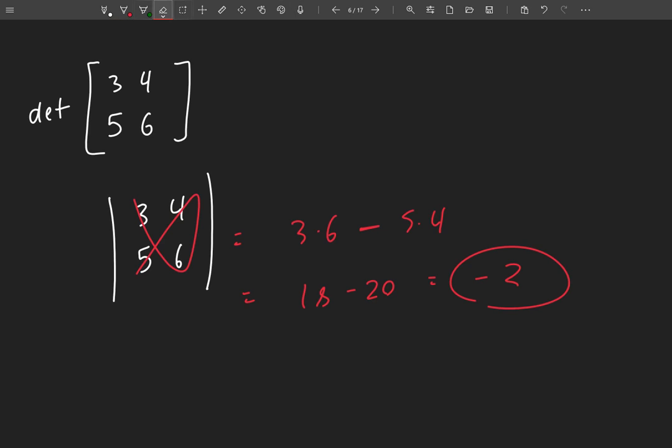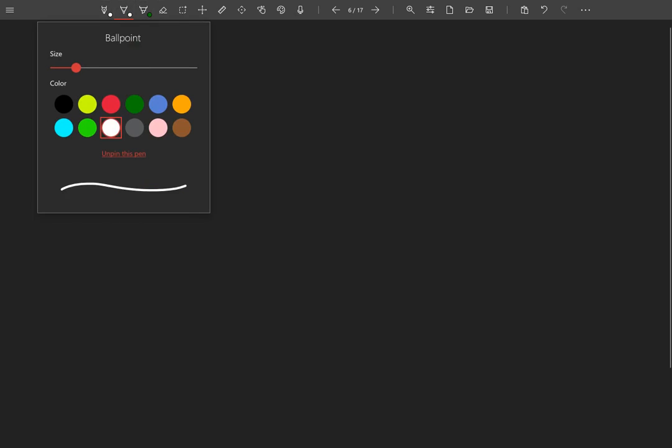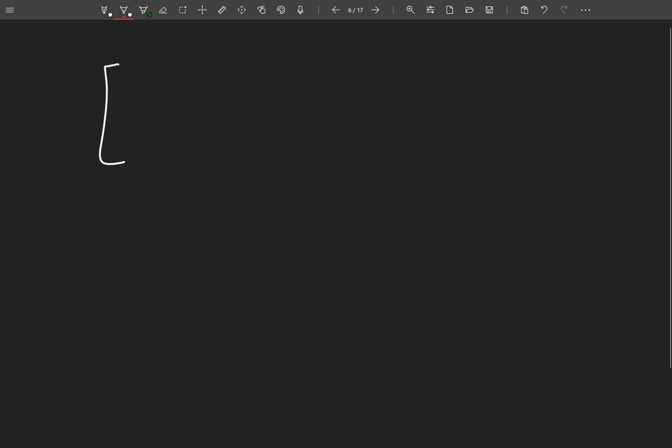All right, let's do another one. Why don't you guys try this one? 5, 7, 3, and 2. All right. Actually, let's use this notation this way. Let's use a different letter. Let's call this one B and say I want to find the determinant of B. So you might see it that way.